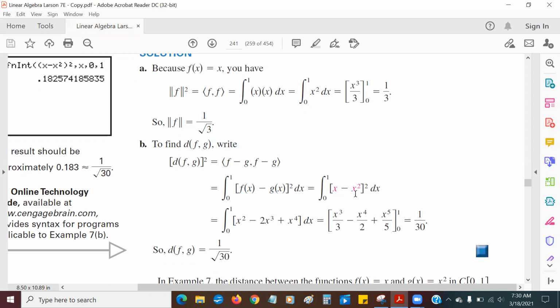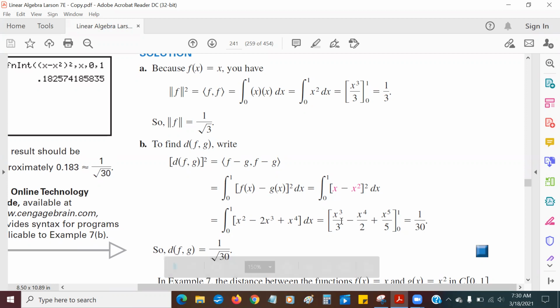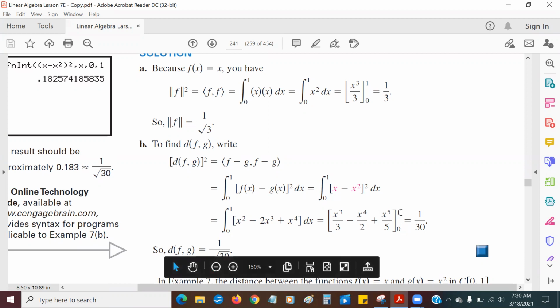If we square this, we get x squared minus 2x cubed plus x to the fourth. Just multiply that out. The integral of x squared is x cubed over 3, and so on, as basic calculus, going from 0 to 1. This winds up being 1/30th.